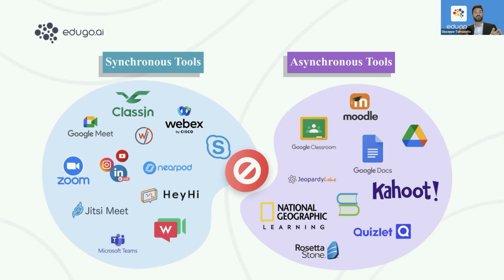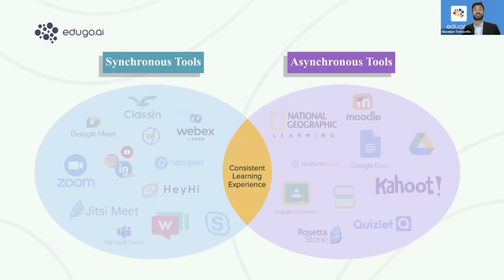So there are a lot of opportunities to increase the learning outcome, if we can only find a way to merge those two approaches and tools. And that's exactly what we're going to display today. So the problem is that we don't have consistency across the learning experience because those tools are not communicating with each other.